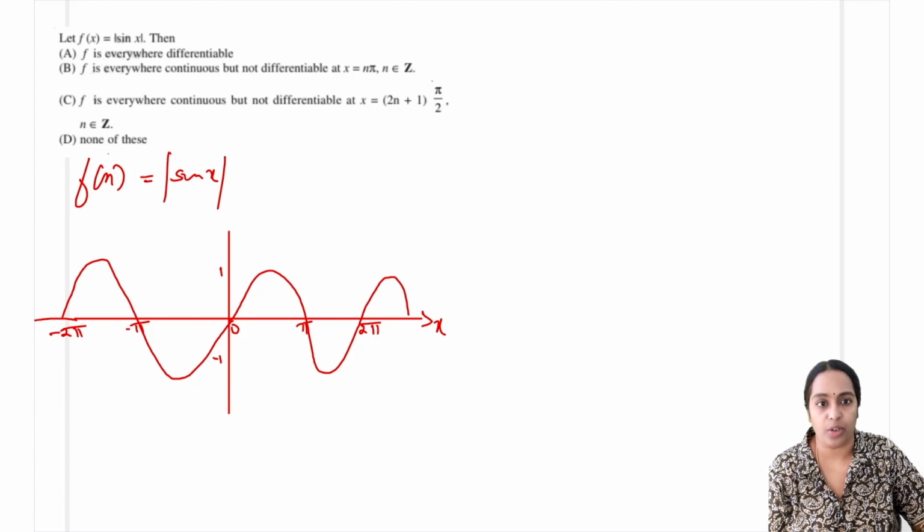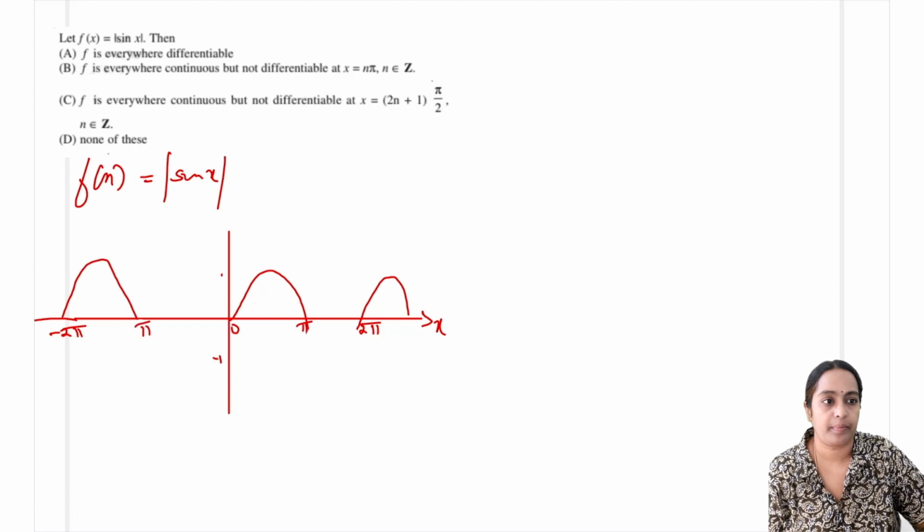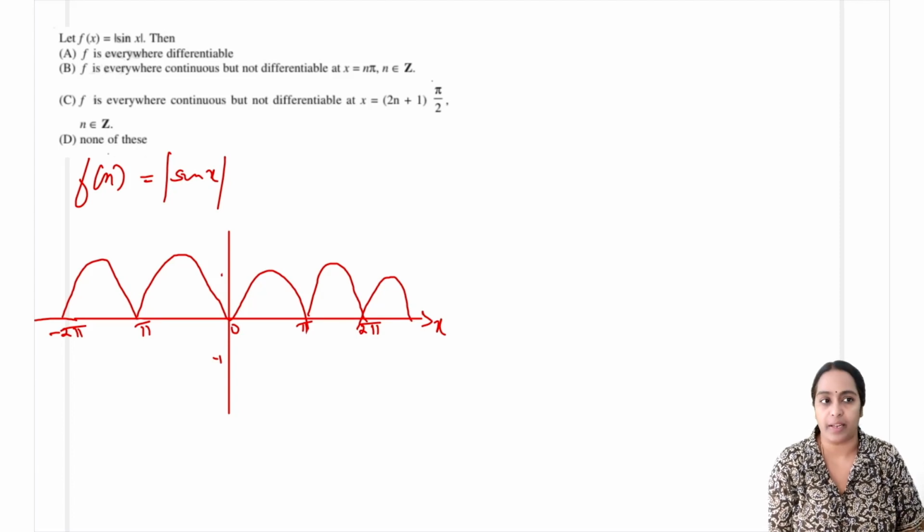The question is mod of sin x graph. So the negative graph is not there. The negative values will also be positive because it is mod. So the mod of sin x graph will be like this. So this is the graph of mod of sin x.